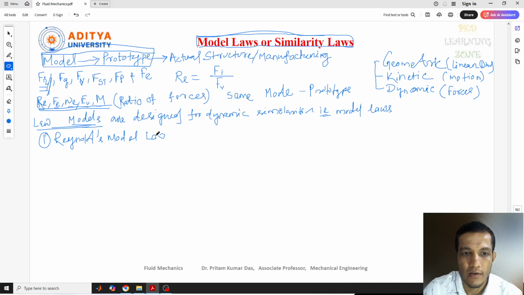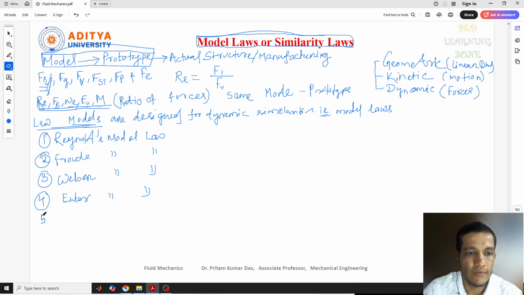The second is Froude model law. The third is Weber model law. The fourth is Euler model law. And the fifth is Mach model law.